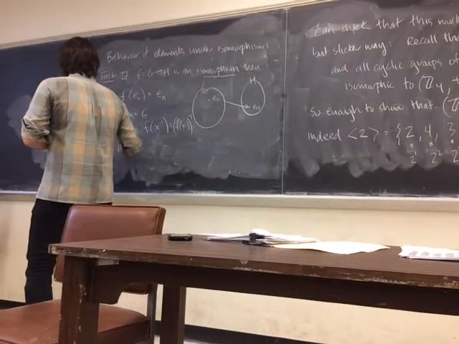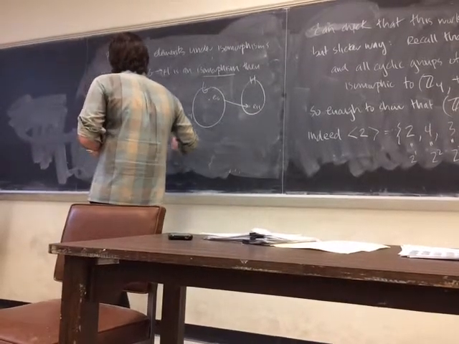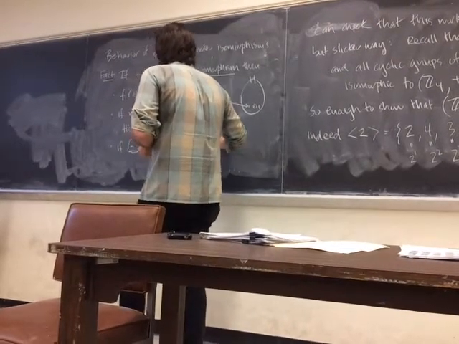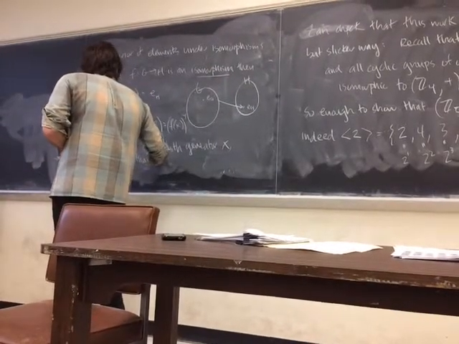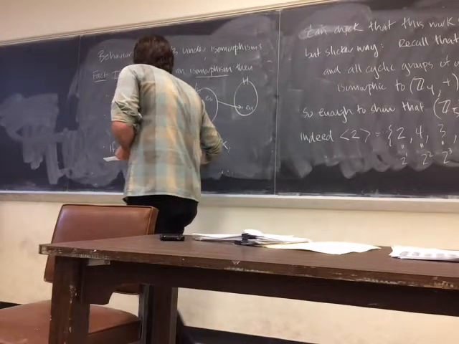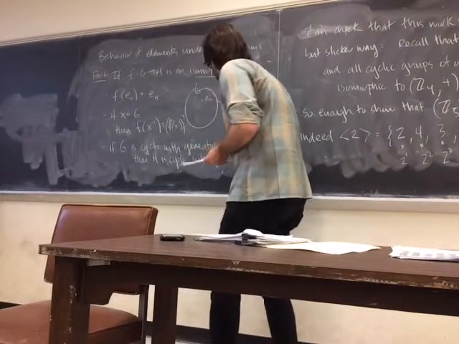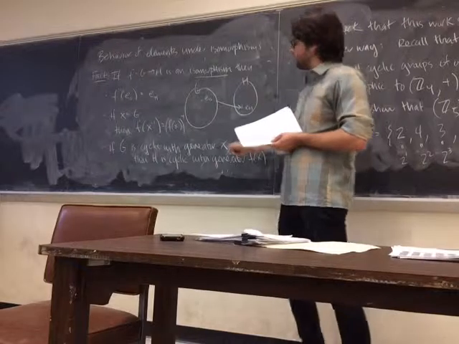Another thing is, if G is cyclic with generator, say, x, then H is cyclic with generator, can you guess it? f of x, right. Now remember, those are not going to be unique generators.